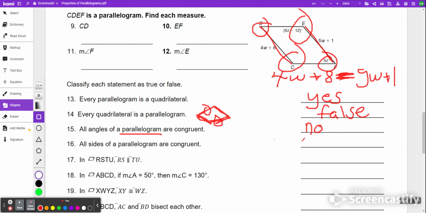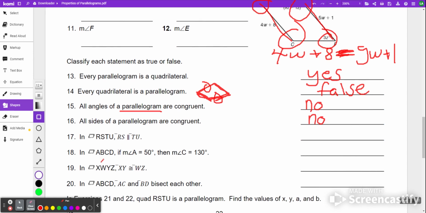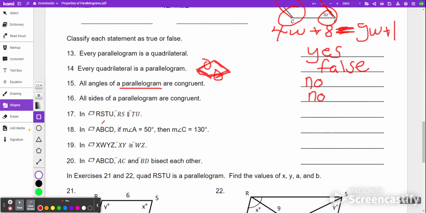All sides of a parallelogram. No, only squares, which are parallelograms. In parallelogram, what? Oh, I see. They're testing our ability to understand the name. So remember these are in order. R, S, T, U. We don't know the lengths of the sides, but we do know the order.